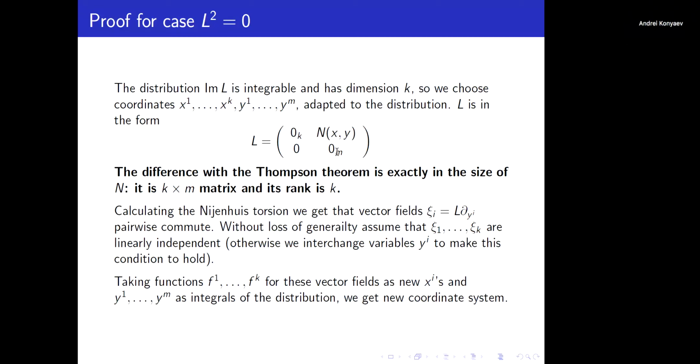So we do that, and then we take those commuting vector fields and consider this shorter version of the distribution, a smaller distribution xi. We take functions f the same way as we did before, and we see that y's are integrals for these functions, for the k functions. We take those y's as integrals, so we have a new collection of functions. We changed x's and left y's the same.